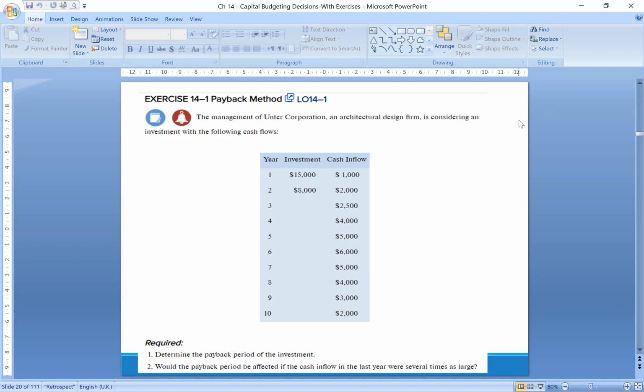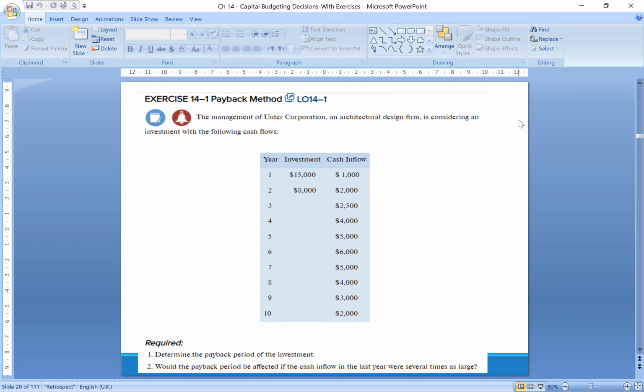So what is the payback period if we pay an initial investment for this project of 15,000 for the first year, 8,000 for the second year? So we need to recover how much? What is the initial cost that we have to recover? 23. So we have to count until the point that we recover our 23.